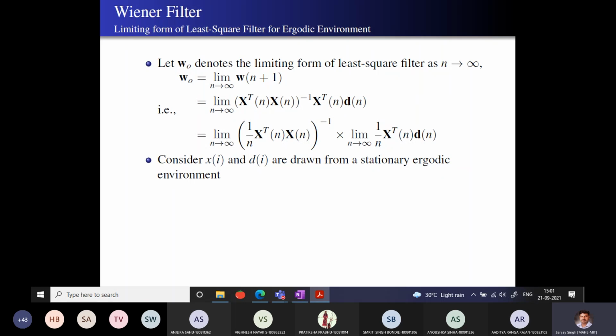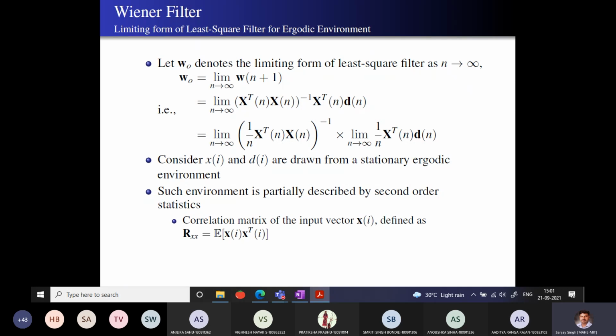If there is an ergodic process which is non-stationary, these results are not applicable. Suppose this holds, then we define that such an environment is partially described by second order statistics. Mean and variance are the first order statistics, and second order statistics are nothing but the correlation matrix and cross correlation. All those things are second order statistics.